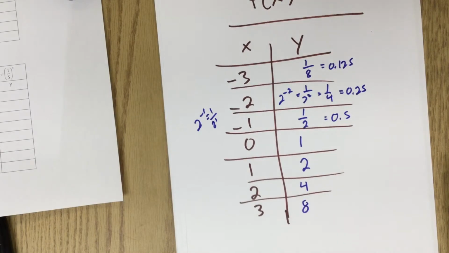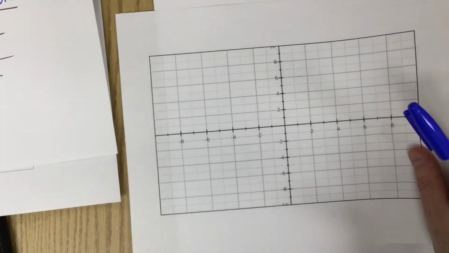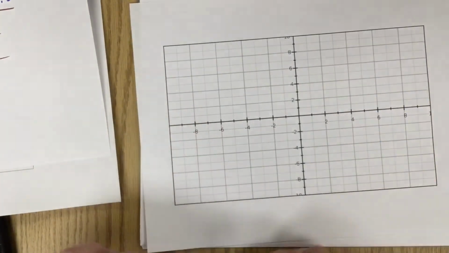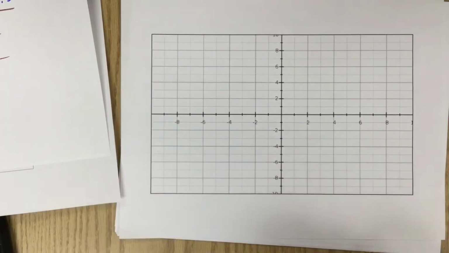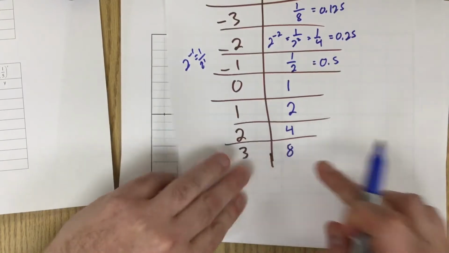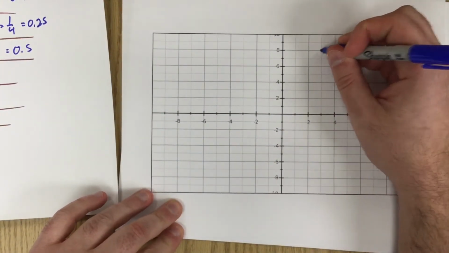So, if we were going to graph this thing, let's put this on our grid like I usually do. So we know that we have a point. When x is 3, y is 8.